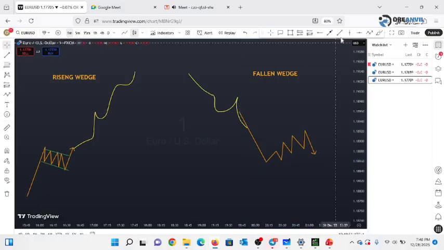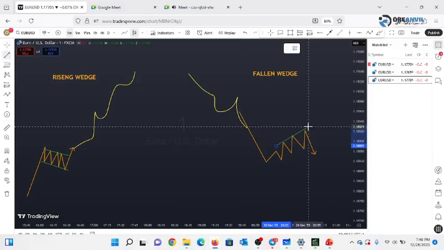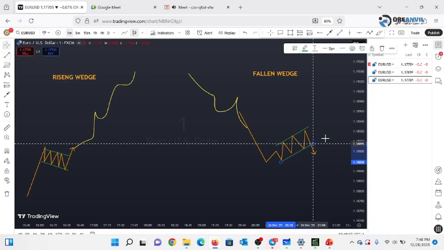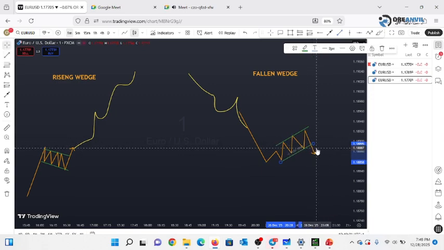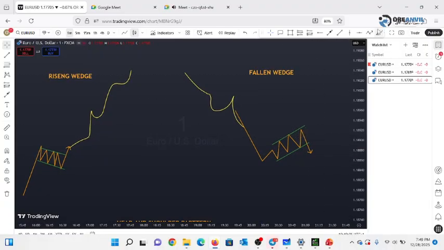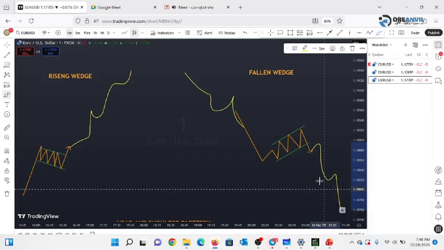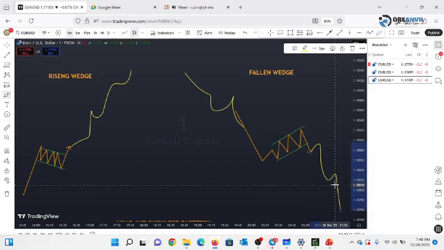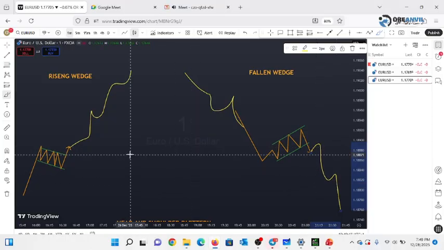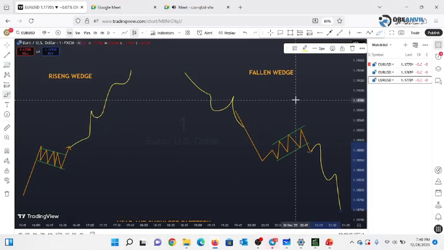So this is what you have. You join the highs together, and you also join the lows together. Immediately the market breaks below it, this is a signal to sell. This is how you know the market will continue going to the downside. So in this case, you can sell from here, and the market will continue going to the downside. So this is a rising wedge, and this is a falling wedge.